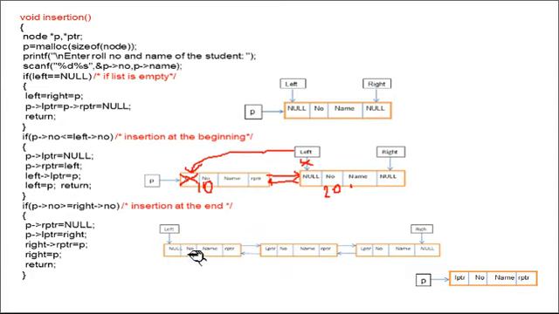So for example, this is 10, and for example this is 20, and this is 30, and our new node or new roll number equals 40. So in the ascending order, our new node comes after 30. That means we are going to insert the new node in the last position.